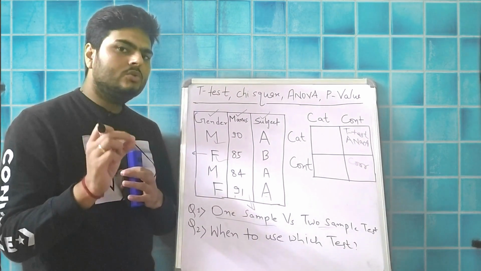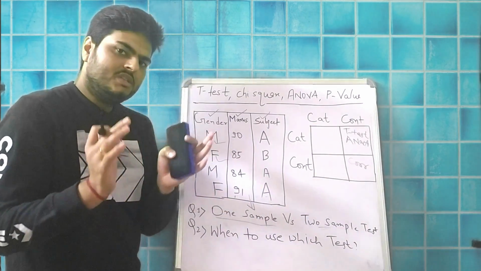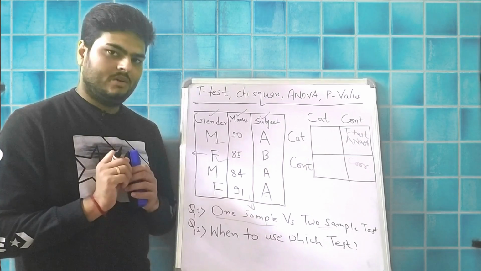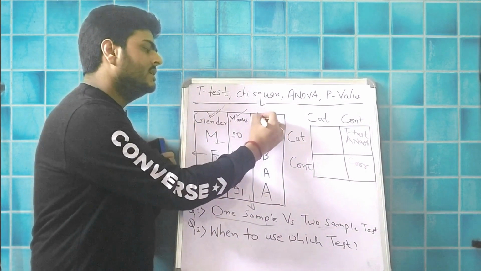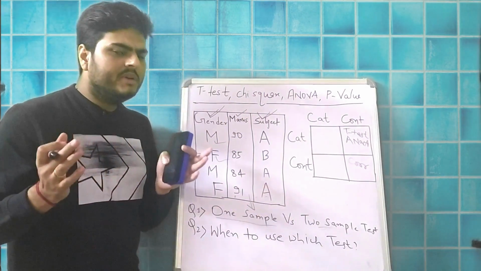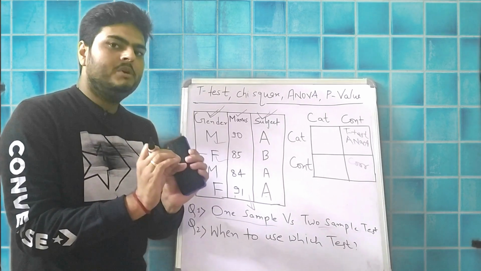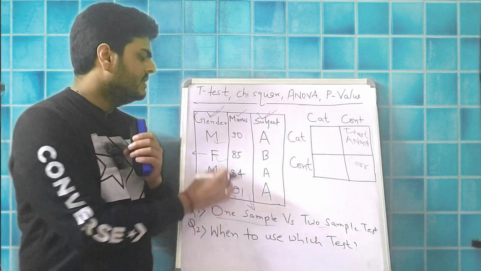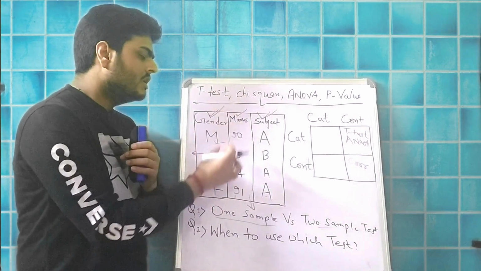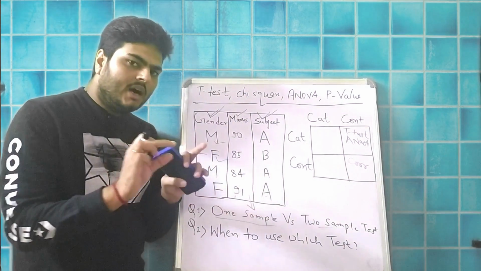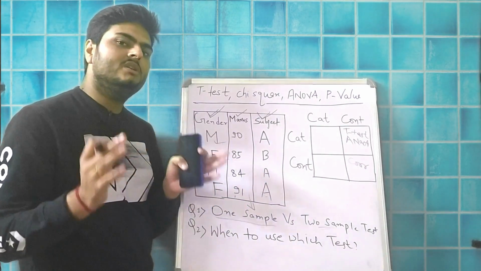Okay. There might be cases where you need to see the correlation, or you need to see the association between two categorical variables. For example, one categorical variable is gender, the other categorical variable is subject. Can I make a statement like: the count of males in subject A, count of females in subject B, count of males in subject A, are all these numbers the same, which means the distribution is equal, or is the distribution unequal?